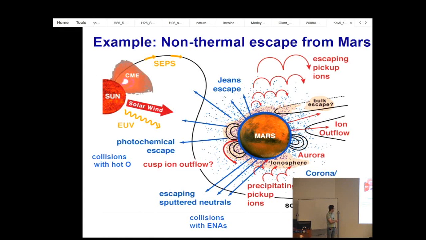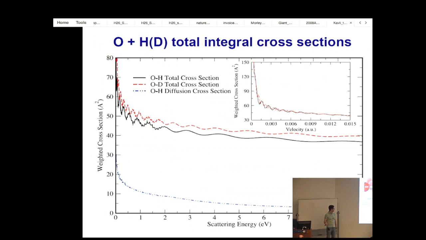I'll specifically give an example for photochemical escape. For example, the dominant projectile that's being created by photochemistry, by the dissociative recombination of O2+, are hot oxygen atoms. And they can collide with, among other things, hydrogen or deuterium. And they can kick them out of the atmosphere because it doesn't take that much energy to eject hydrogen.